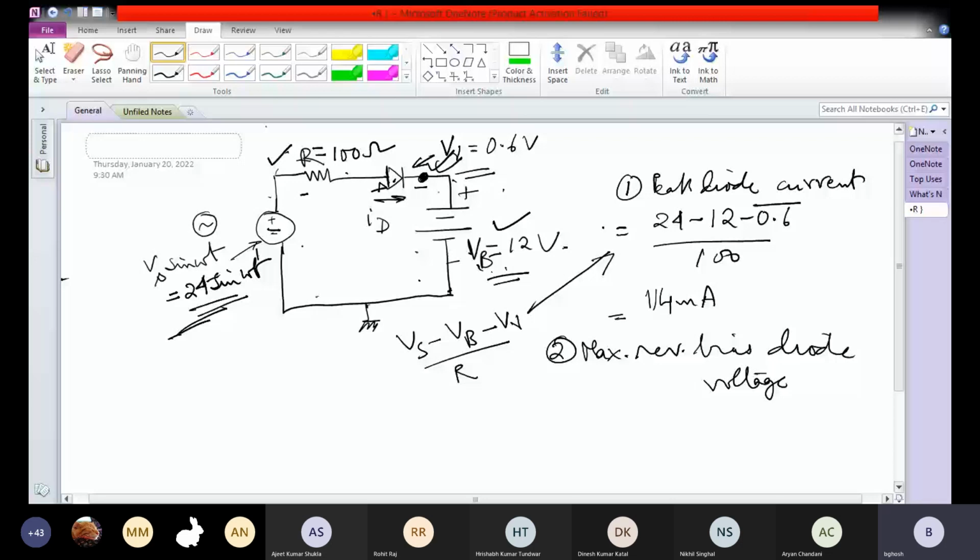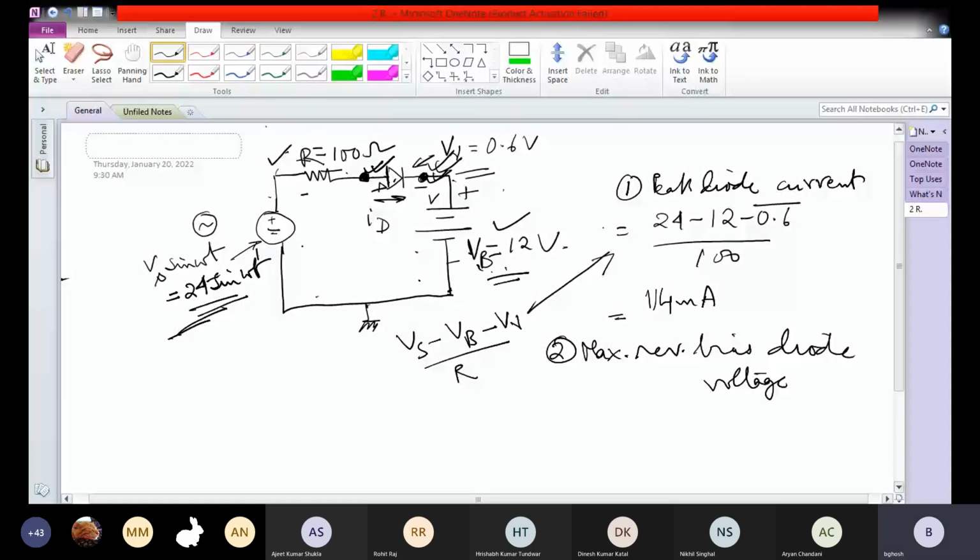The voltage at this point is 12 volt, and at the peak reverse bias the voltage at the other point will be minus 24.